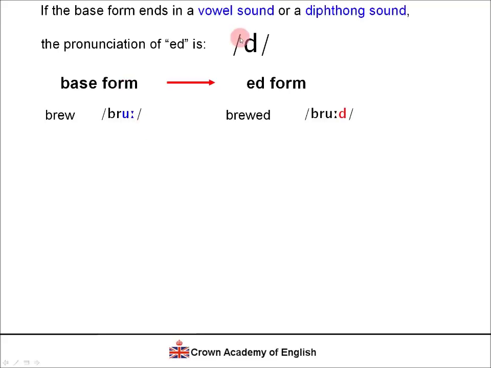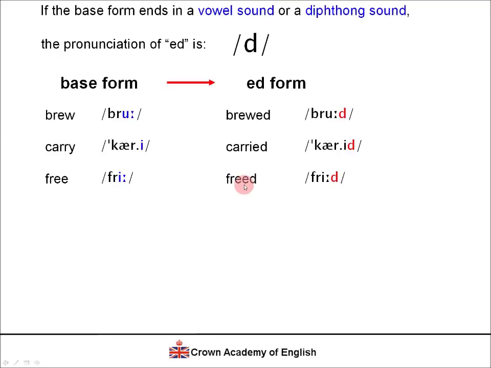So this is the rule. If the base form ends in a vowel sound or a diphthong sound, then the pronunciation of ED is d. Carry, carried. Free, freed.